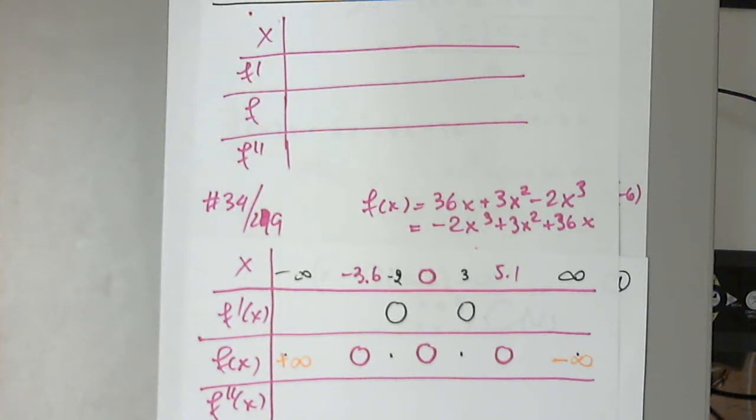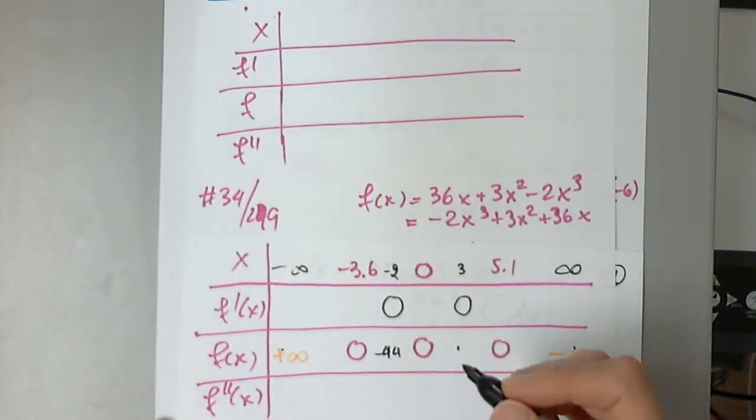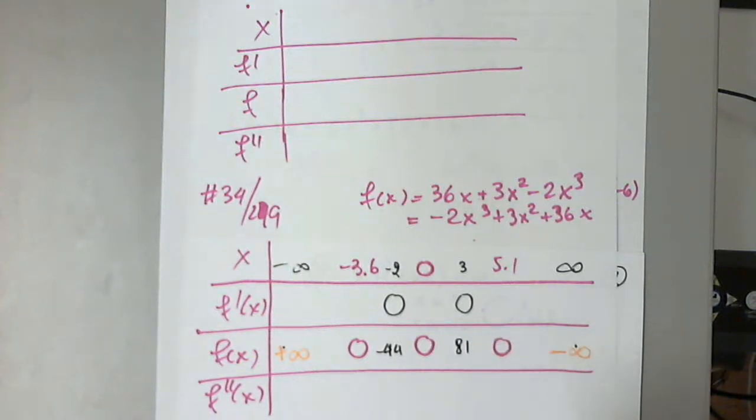Okay. Second in table, and I want negative 2 and 3. At negative 2 it is negative 44, and at 3 it's 81. I write those values in the table. The next step, I have to study the sign of the first derivative.